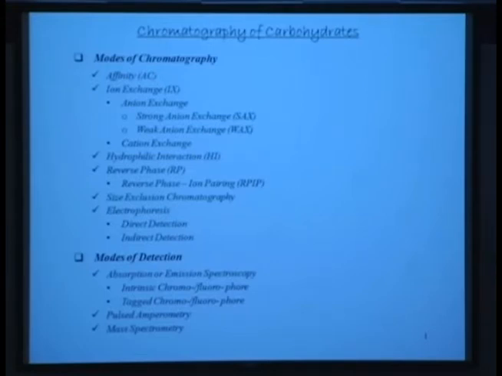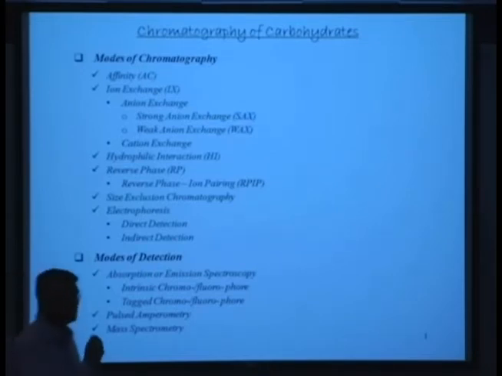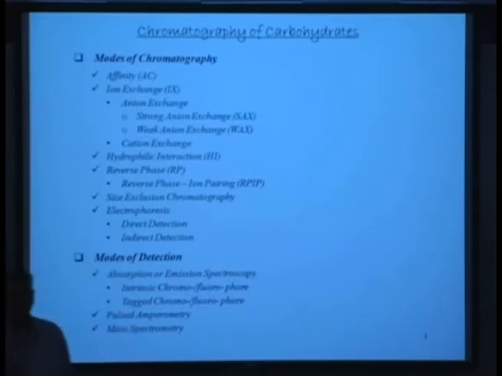And the one technique that has now developed to such an extent that we not only use it for detecting carbohydrates, but also for identifying them, is mass spectrometry. Specific identification of structures can really be achieved with mass spectrometry. And these days, we always use mass spectrometry in combination with chromatography.